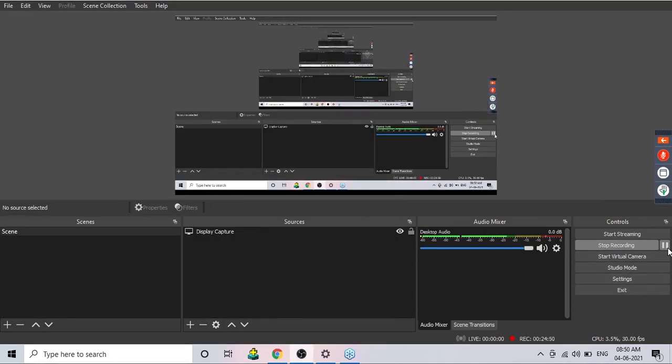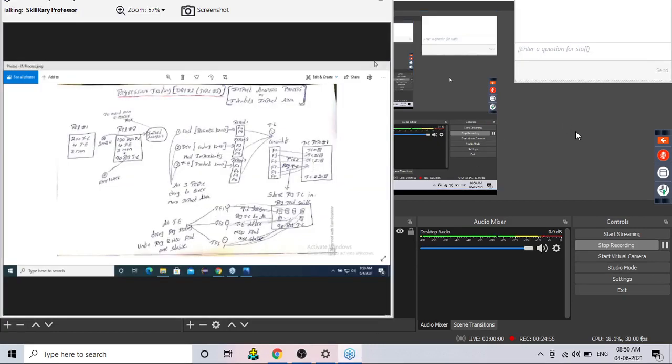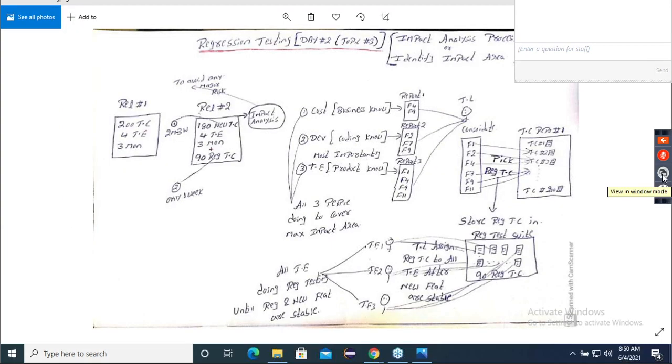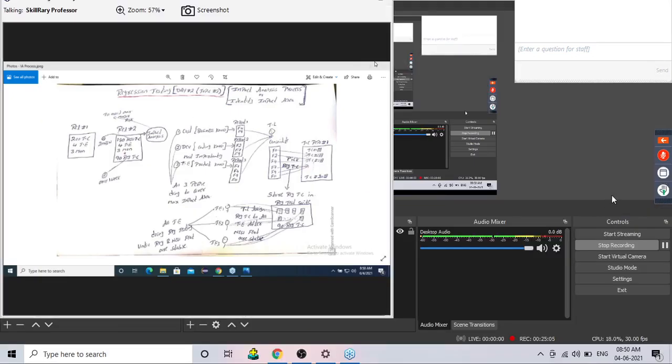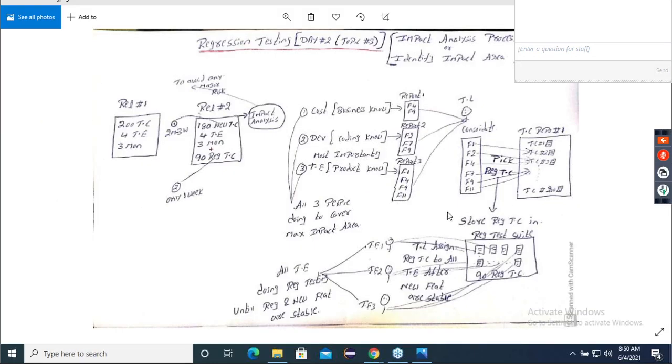This is compulsorily asked. See, whole regression testing depends on your impact analysis. Yes or no? Because when you are picking the regression test cases, guys, everyone concentrate, okay? Whenever you are picking regression test cases, first we are identifying the impact area and then we are picking the regression cases.